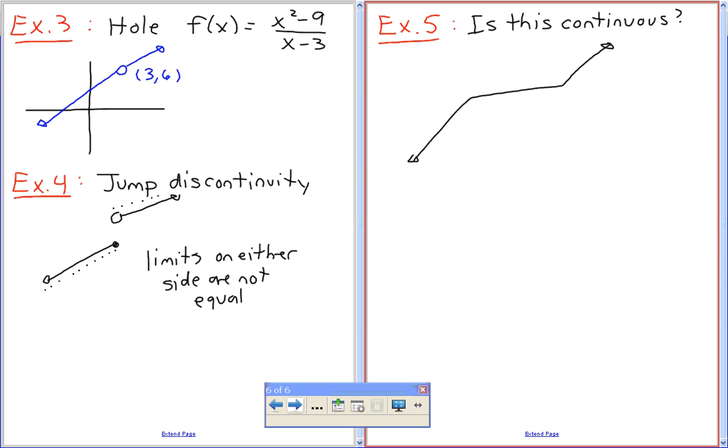Well, the answer is yes. The potential problems are whether the slope changes, but if you look at this point right here, they're both heading towards the same point, and a point exists, so that is a continuous graph. The same thing here. It looks like something funny could be happening, but the point actually exists, so that is in fact a continuous graph.